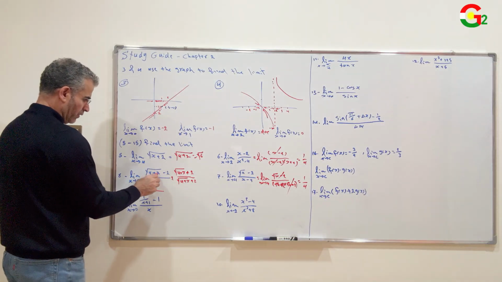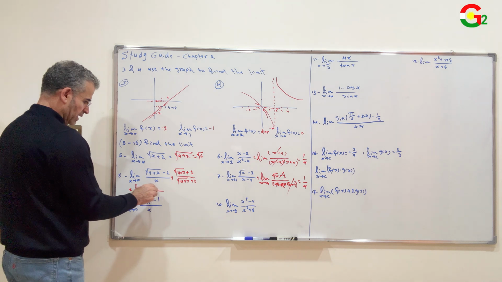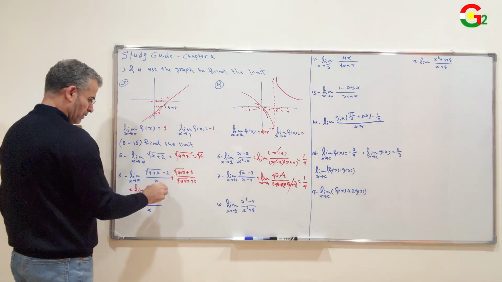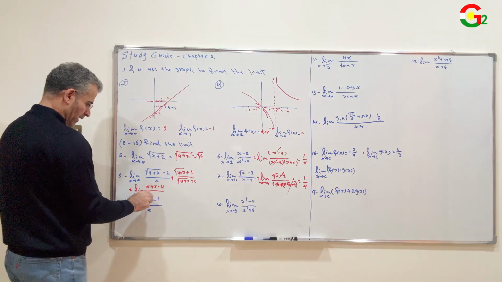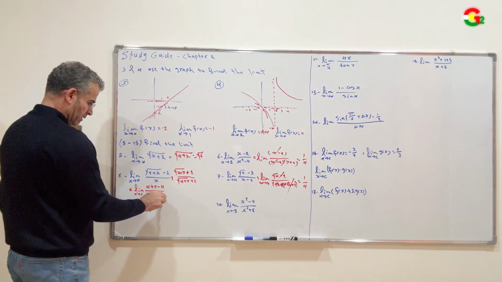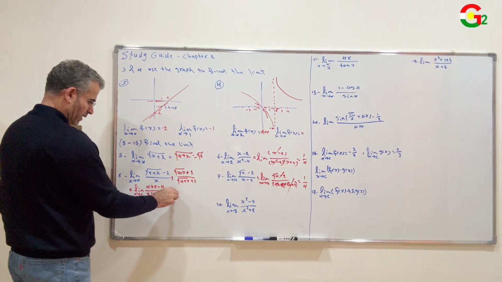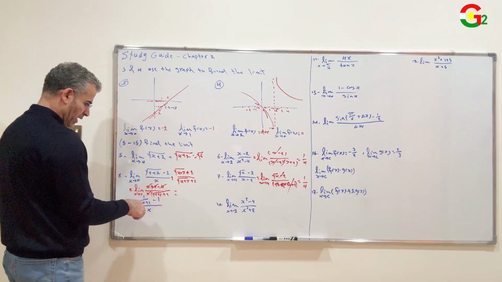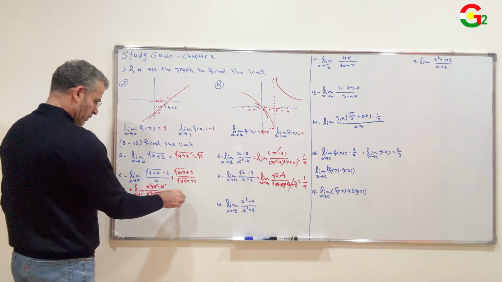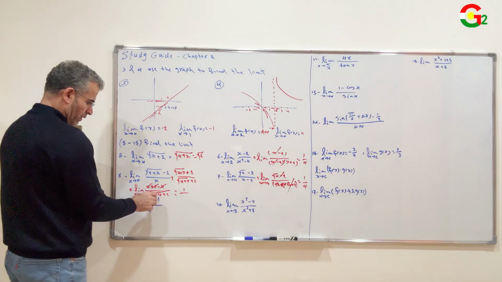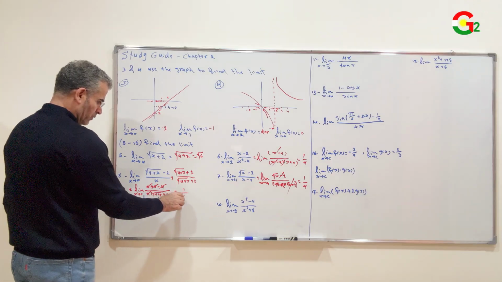Square root 4 plus x times square root 4 plus x, 4 plus x. Negative times positive, negative, 2 times 2, 4, over x times square root of 4 plus x plus 2, equal to negative 4 with positive 4, x with x, substitute every x with 0, square root 4 plus 0, square root 4, 2, 2 plus 2, 4.